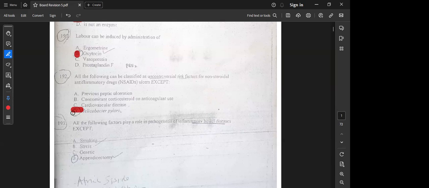For example, you're on a drug like aspirin for cardiovascular disease, so we're generalizing that everyone with cardiovascular disease could be on aspirin, an assumption that you're probably on NSAIDs.